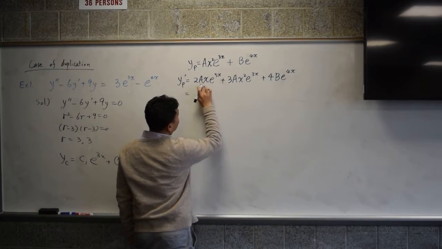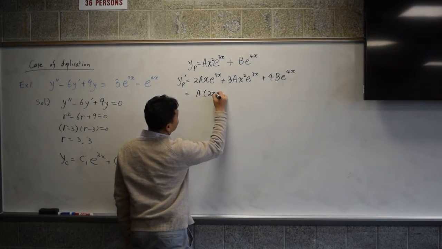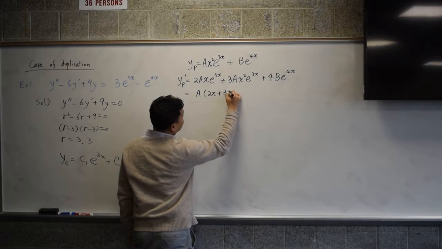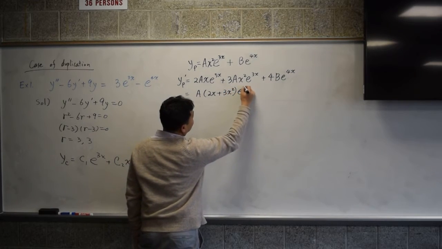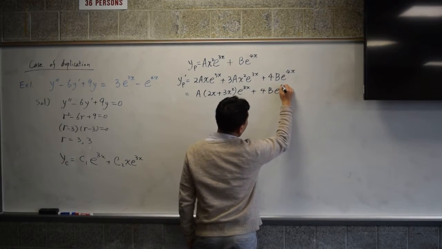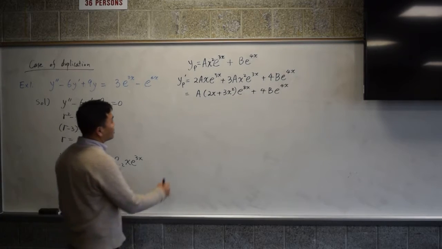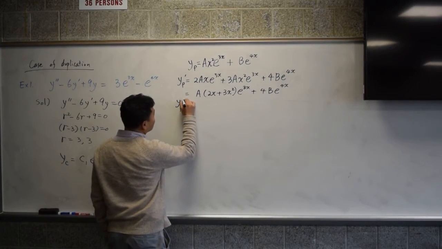Since the a times e to the 3x is common, let's factor that out, leaving you with 2x plus 3x squared e to the 3x plus 4b e to the 4x. Now let's differentiate this one more time. Y double prime.